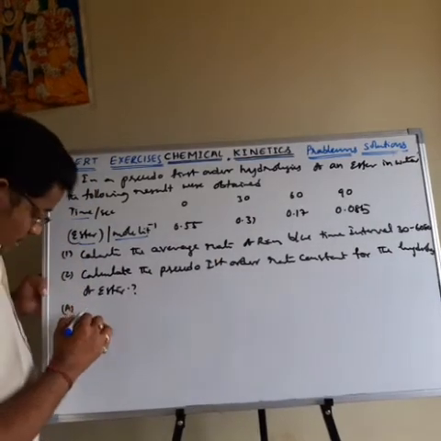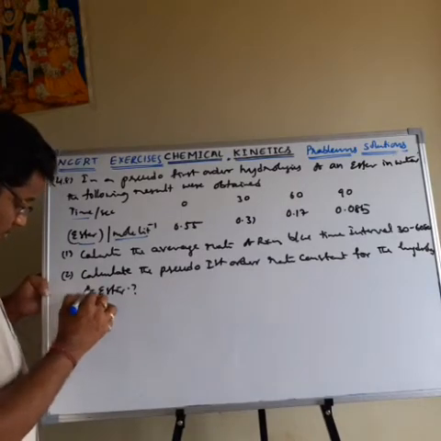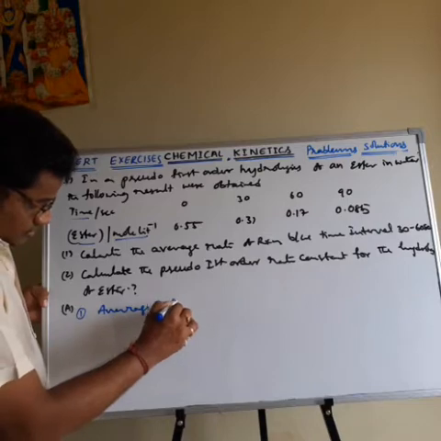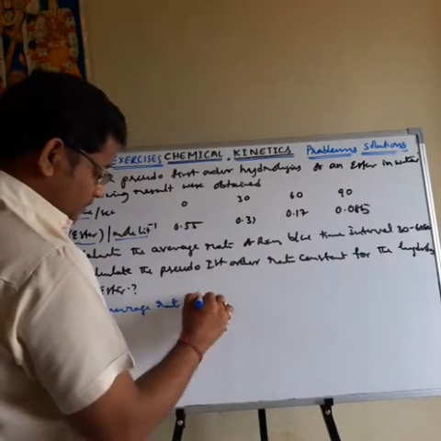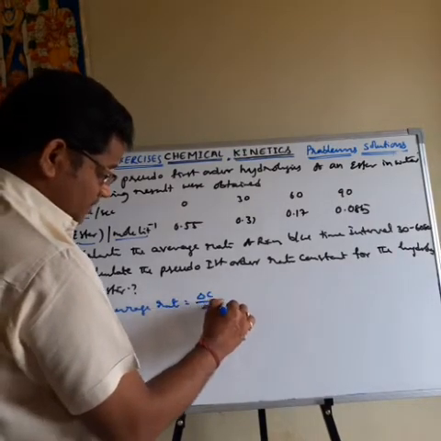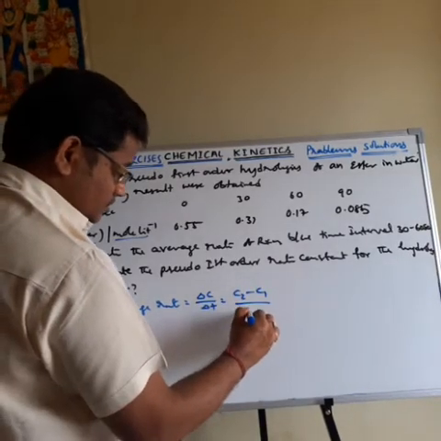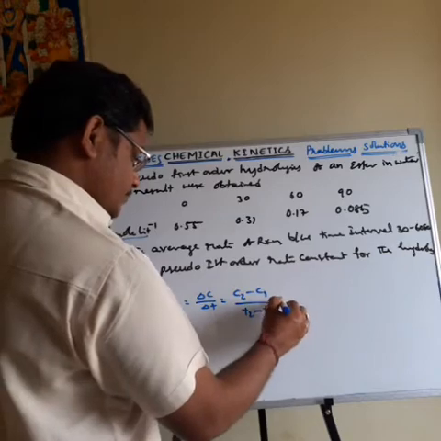Here, for the average rate, rate is equal to delta C by delta t. Delta C means C2 minus C1, divided by t2 minus t1.